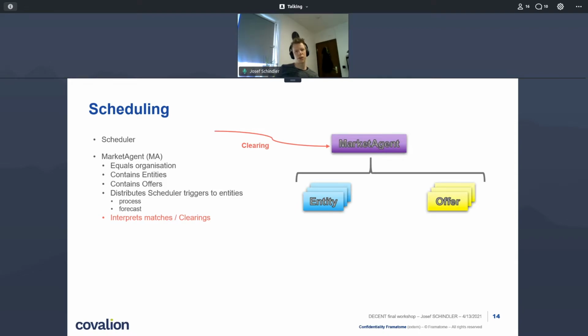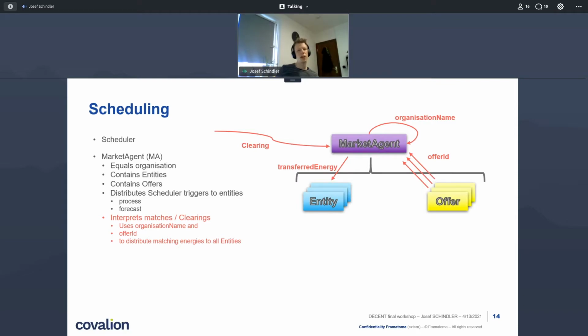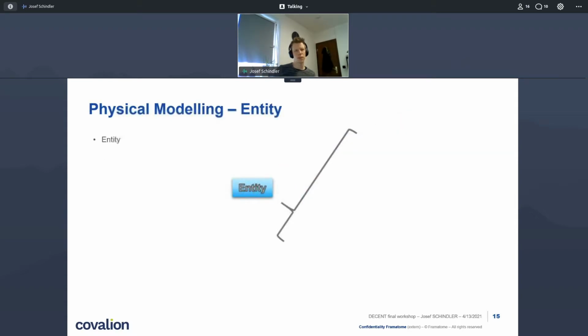Another thing that the market agent does is interpret the match clearings provided by the scheduler. With information such as the offer ID and organization name, it then distributes the transferred energy to the various entities, so the entities know the set point for the very time slots.